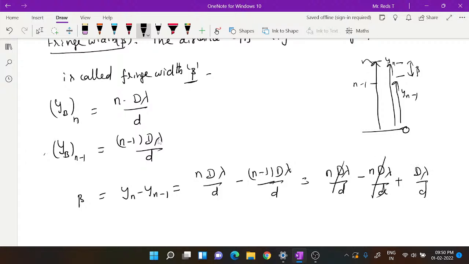These two get cancelled. Therefore we get D lambda by d. So this is called the fringe width. Fringe width beta is equal to capital D lambda by small d.